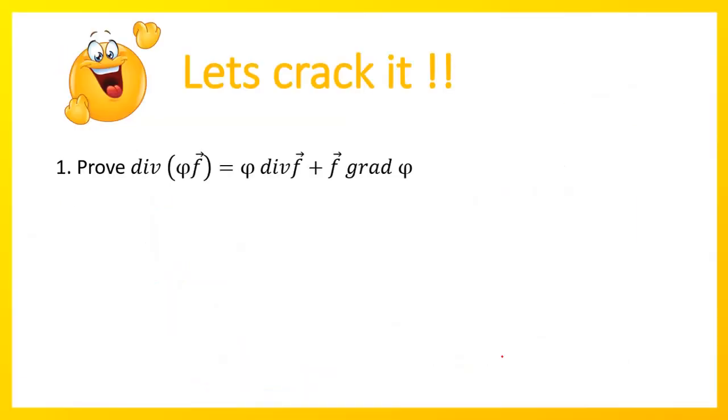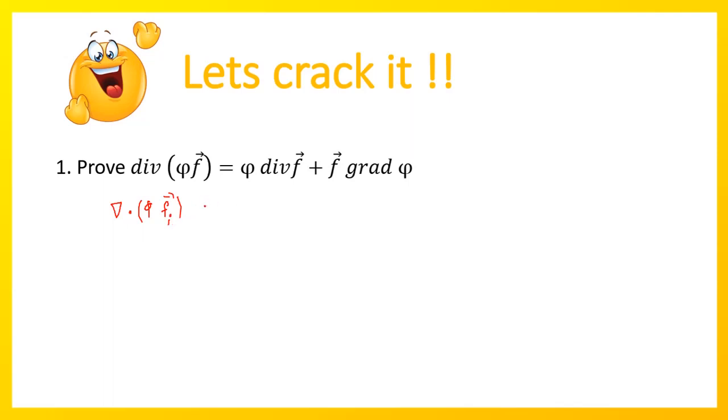So, let's do a problem. Derivative of phi into f. We know that this derivative is del dot phi f. So, we have to first determine for what index it is being denoted, because here we have a vector. So, let's say I am writing for the index i.